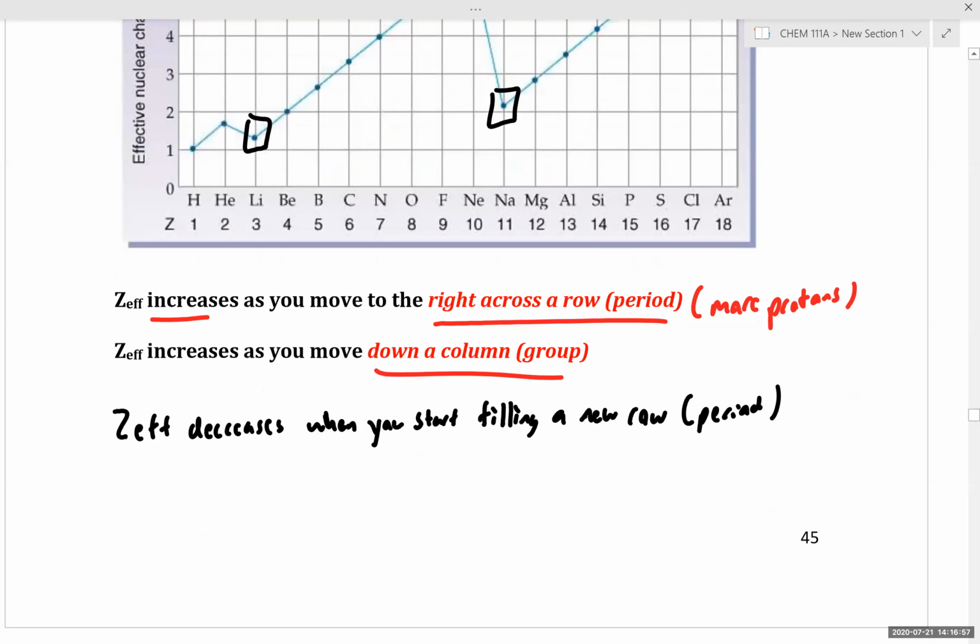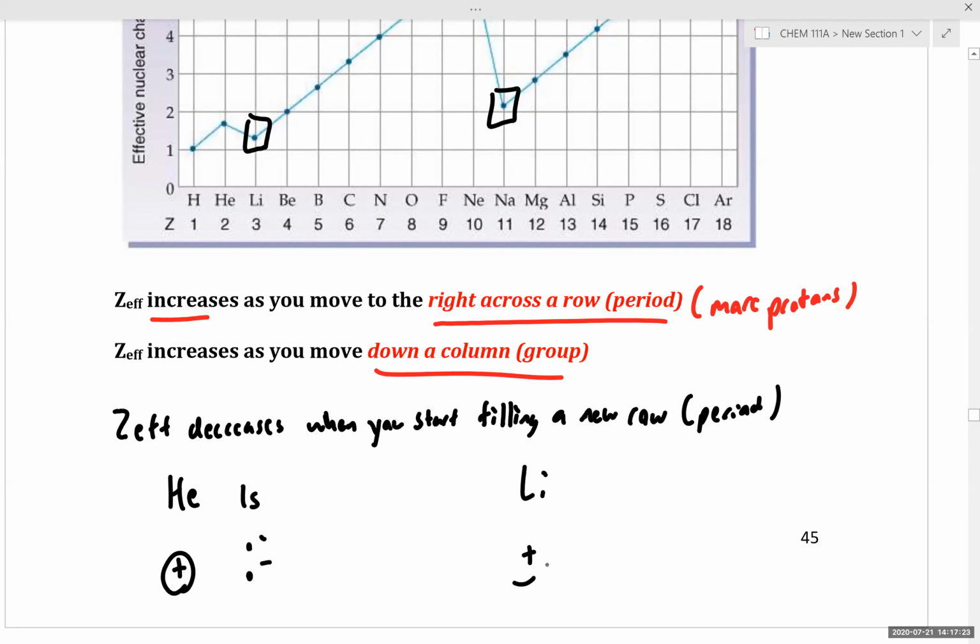The reason for that is, for example, going from helium to lithium. Helium has 2 electrons in our 1s orbital. So here's our nucleus, our 1s electrons are somewhere around here, and we have 2 electrons.